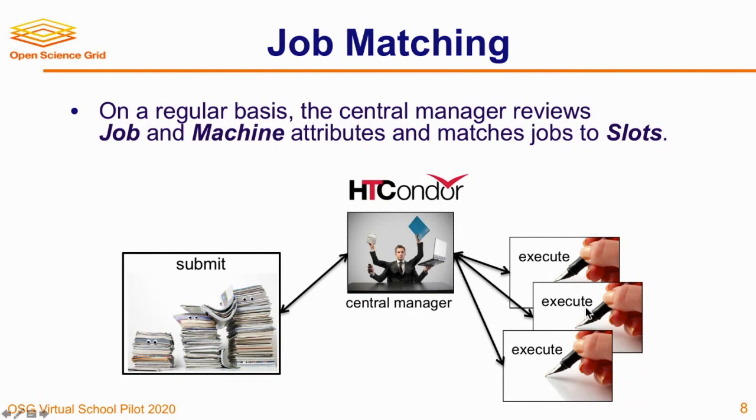And then it's also gathering information from the execute servers about what types of resources they have. And then it matches jobs to machines and matches jobs to slots by working with the execute servers to break themselves up into slots and reconfigure themselves as some jobs finish.